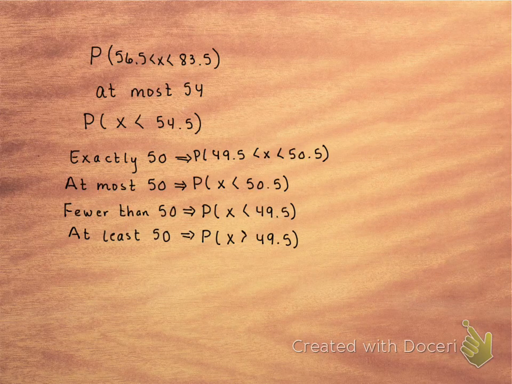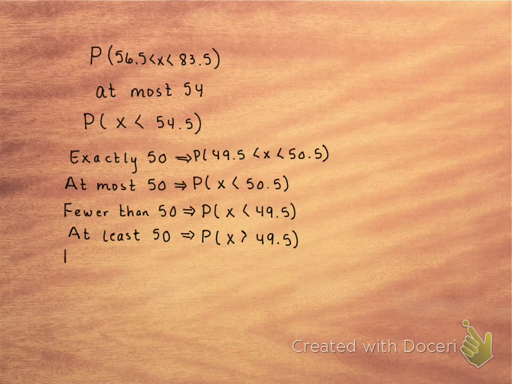Because if we started at 50.5, we would not be including the 50. 50.5 is over 50. That would be including 51. So if we're including a number, we need to be 0.5 less than that number, okay?